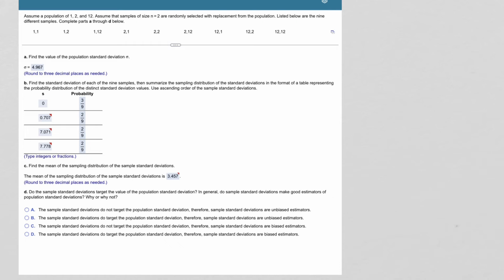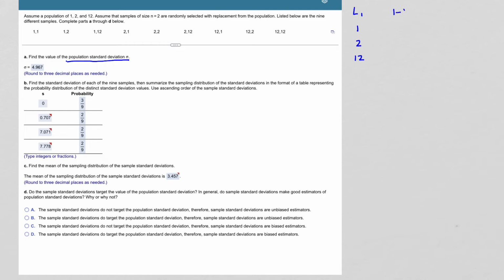So we're going to start by finding the value of the population standard deviation sigma. And to do this, in L1, I'm going to put 1, 2, and 12, all the values from the population.